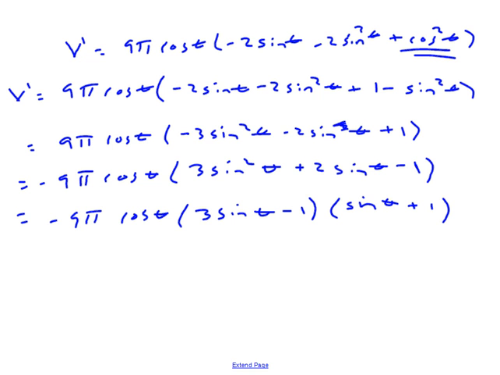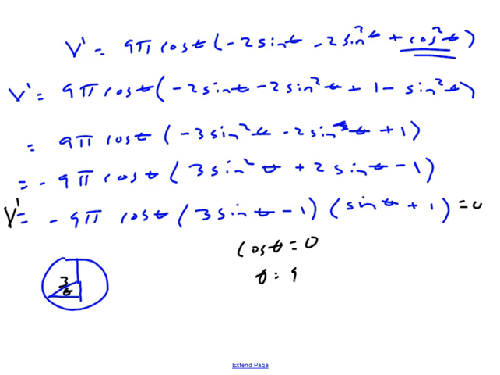And what we need to do is go back to our original triangle that we were drawing, where this angle here is theta and this is 3. And here's my derivative. So for my derivative to be 0, either cos of theta equals 0, and if that's true, then theta equals 90 degrees or 180 degrees.